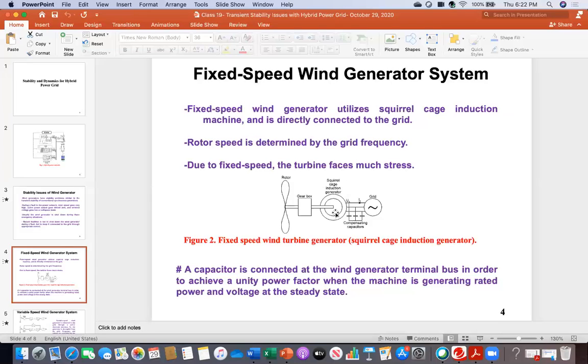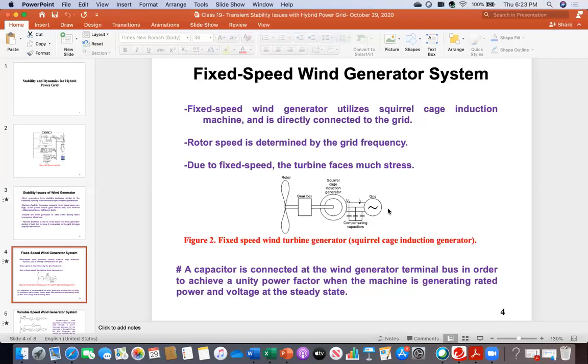And why is it done? Because if you remember the synchronous speed equation, N is 120 f over p. For example, your frequency is 60 hertz, and if your pole number is 2, then you need a speed of 3600 rpm.